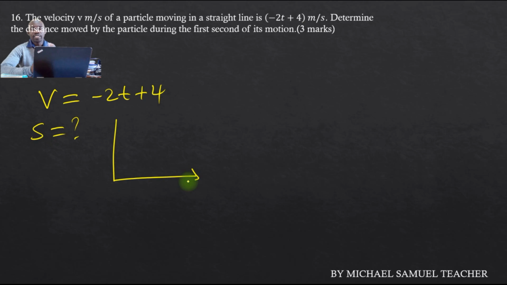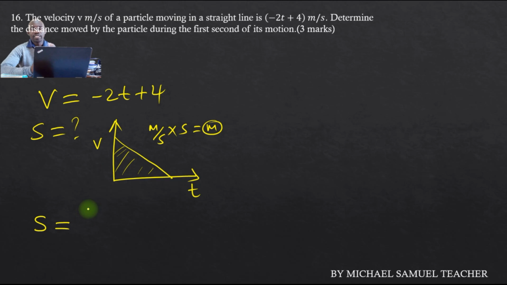That is v, which is in meters per second, times time. So the seconds will cancel, and we end up getting meters, which represents distance. Therefore, we need to integrate. For us to get distance s, we need to integrate velocity with respect to time.